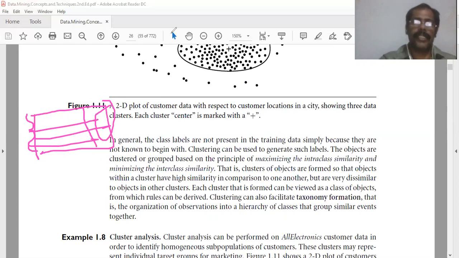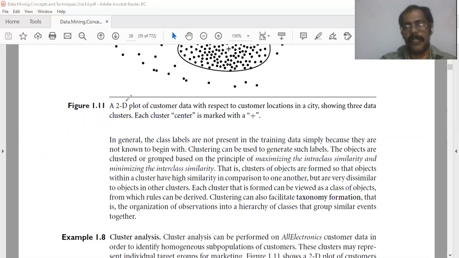Cluster analysis uses the following principle: maximize the intra-cluster similarity within the cluster, and minimize the inter-class similarity.